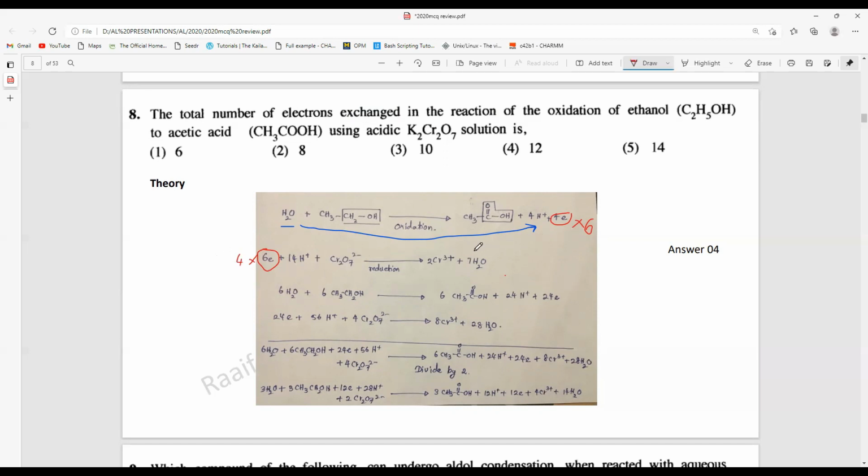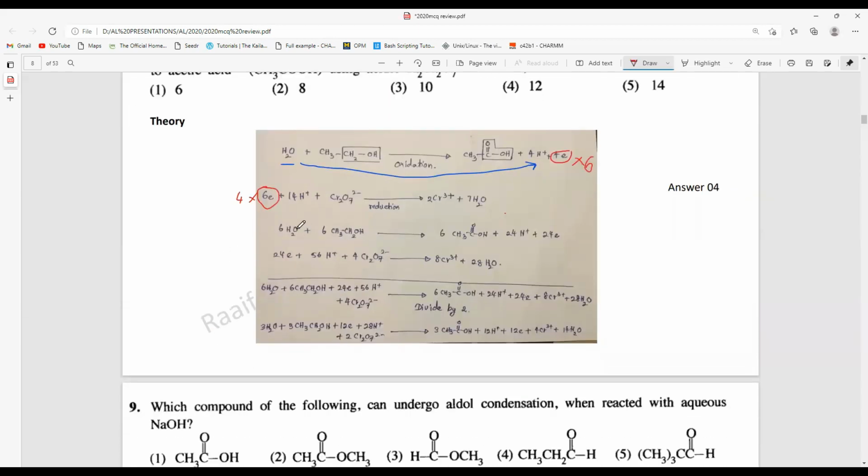That is the first easiest way to equalize the electrons. When I multiply these two, I have these two equations. So then I add these two.